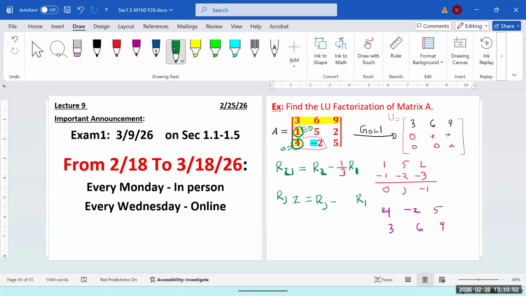Now you have to decide what you need to multiply by here, so that when you subtract, the answer will be 0. We have 4. We need to multiply 3 by something so that when you subtract that product from 4, the answer will be 0. Any idea from anyone?